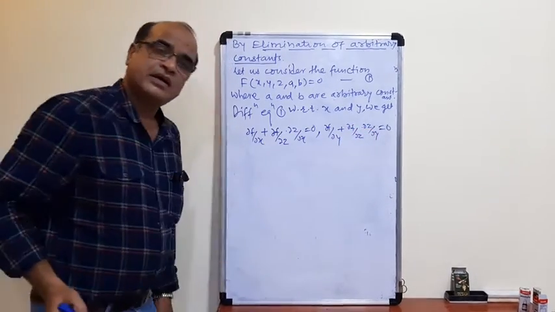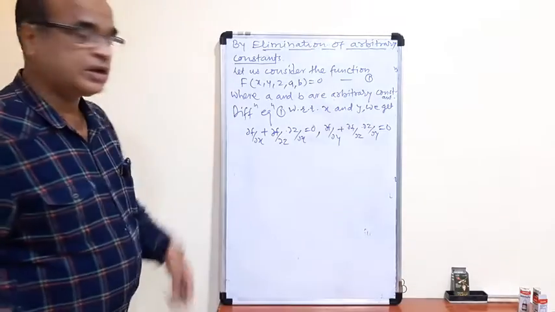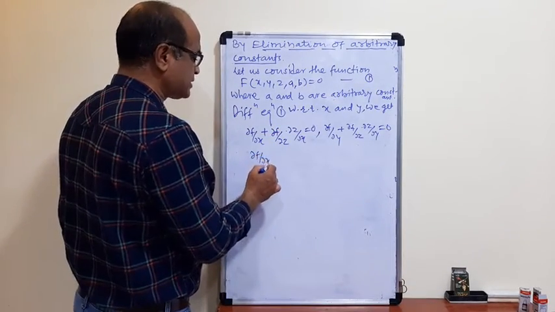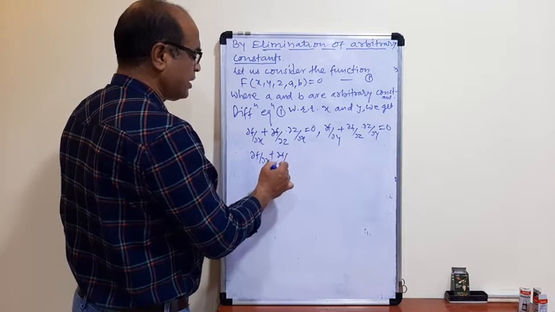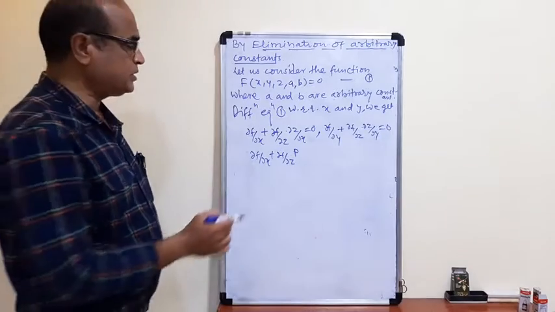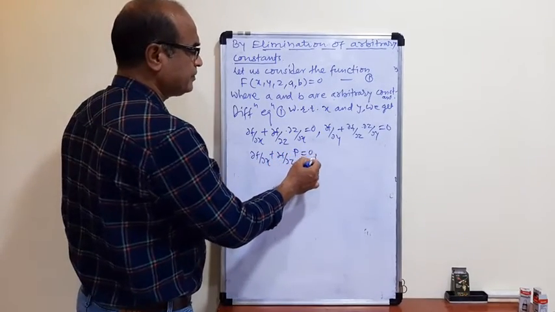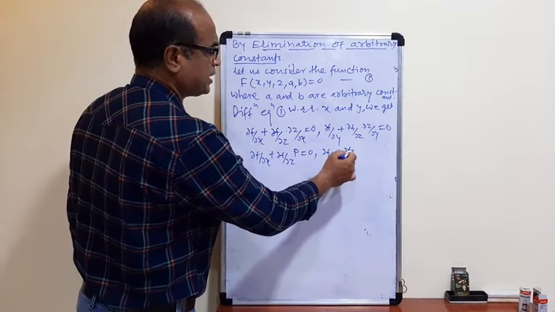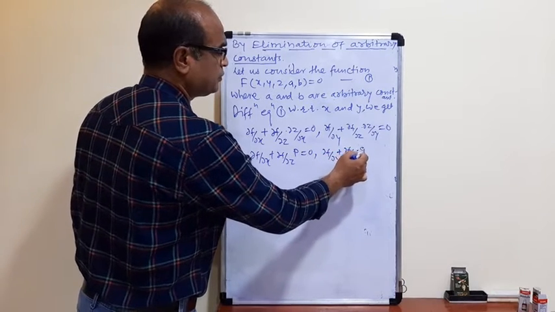Using the standard notation, those equations can be written as ∂f/∂x plus ∂f/∂z into p is equal to 0, and ∂f/∂y plus ∂f/∂z into q is equal to 0.